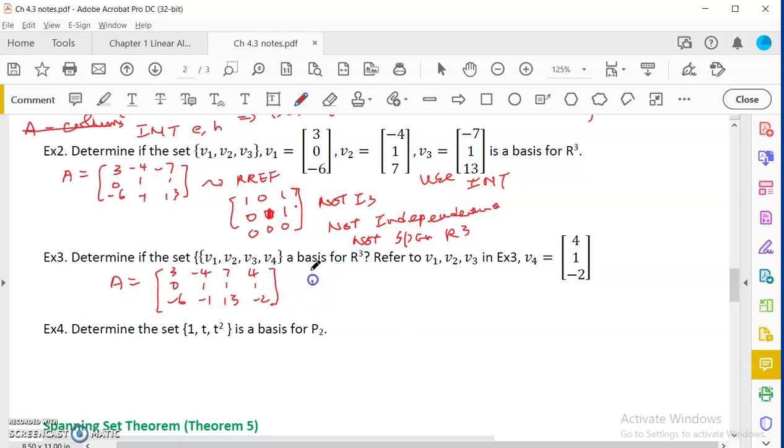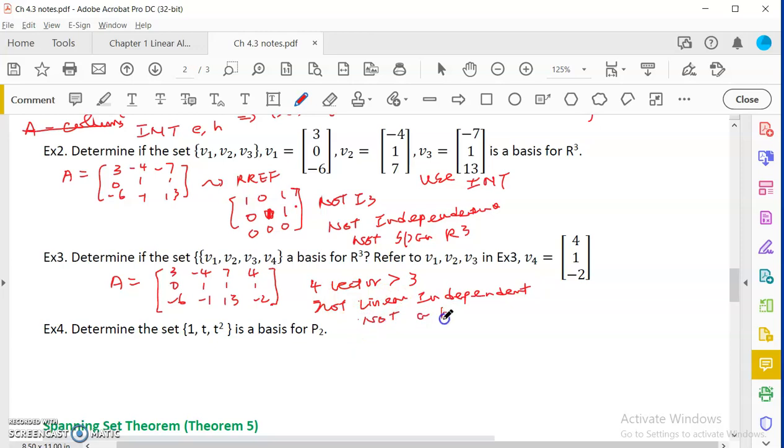No, it cannot be, because the first three are not linearly independent. Also, this would not be linearly independent because I have 4 vectors, and 4 is greater than 3. One of them, just like in the first 3, is a linear combination of the others. So you cannot use the IMT here, and it's not a basis.